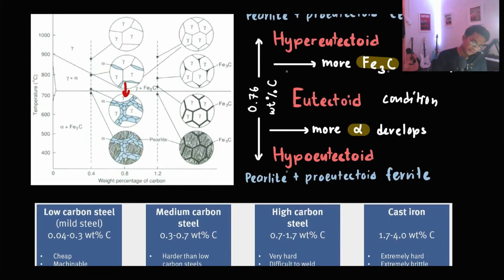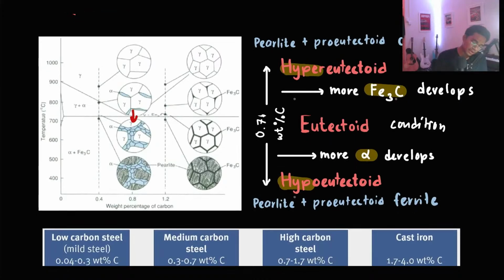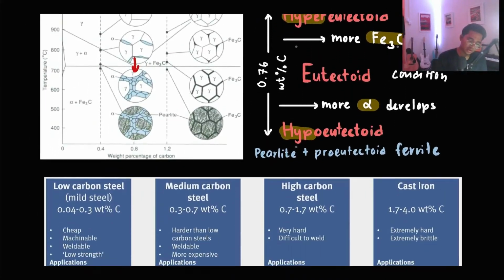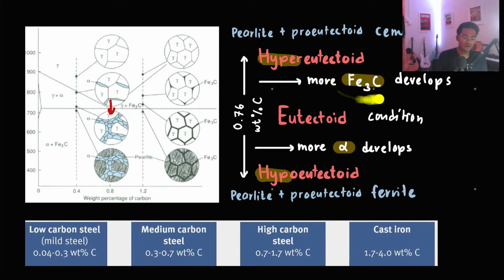So above that number, we would be having hyper-eutectoid. You need to remember that. But below that number is what we call hypo-eutectoid. So what's the difference between hyper-eutectoid and also hypo-eutectoid? Hyper-eutectoid has more carbide developing in between the grain boundaries. But for hypo-eutectoid, you would have more ferrite developing between the grain boundaries.